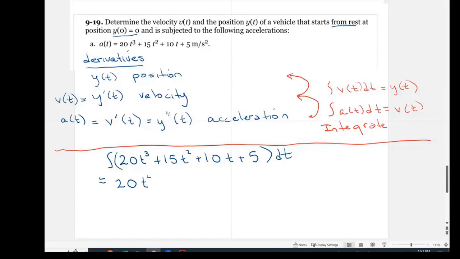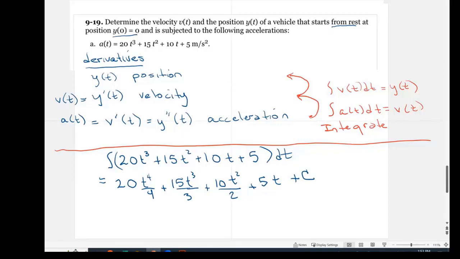I have t to the fourth over 4 plus 15 times t to the third over 3 plus 10 times t squared over 2 plus 5. And there's really like a t to the 0 power there. So I get 5t. The exponent is 1, so I could divide by 1, but I'm not going to. And then we have plus c, because we don't have bounds on our integral.